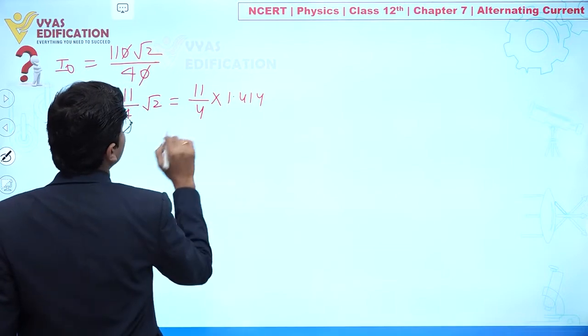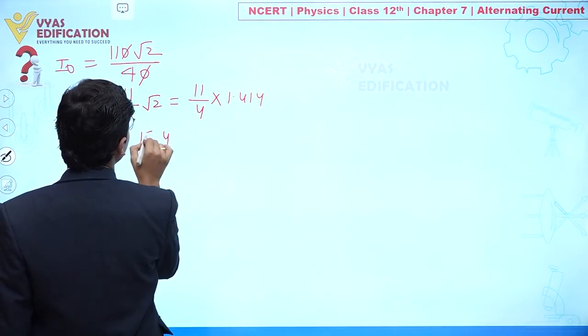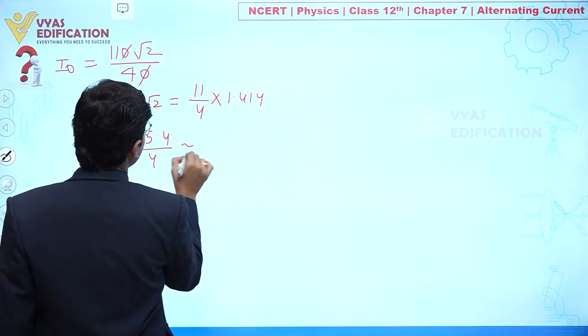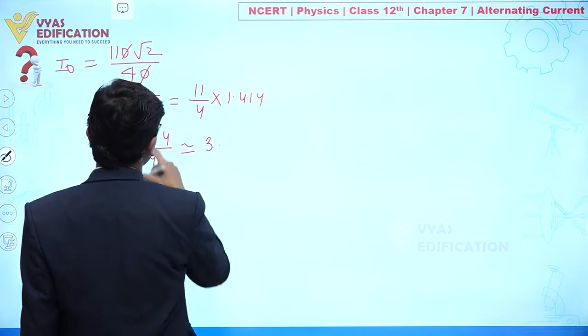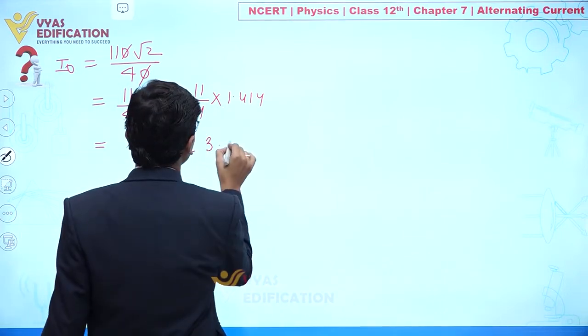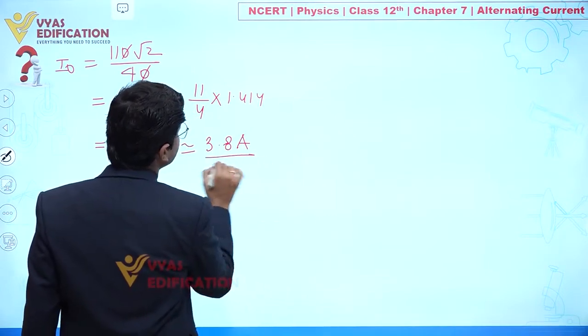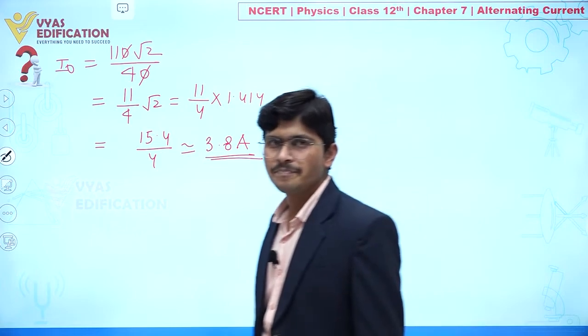Let's suppose this is 1.4 only, so 15.4 divided by 4. If you calculate it you will find this is near about 3.8 ampere. So the maximum current that we are getting in this circuit is 3.8 ampere, clear?